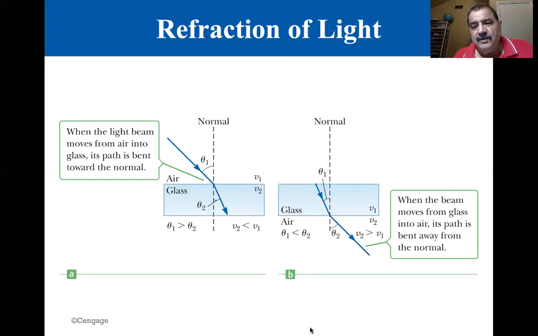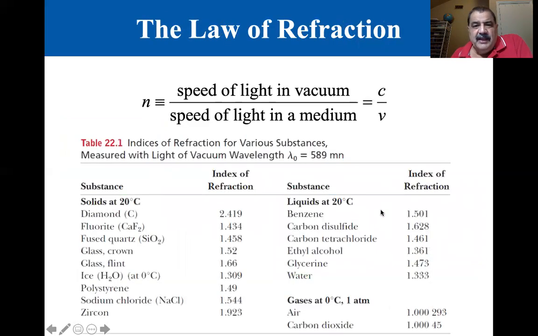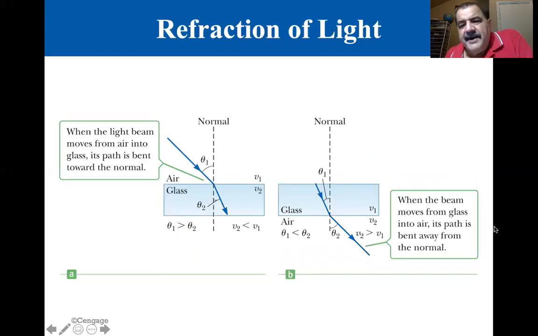It's not shown here, but theta 2 is going to be equal to theta 1. This right theta 2 is going to equal this left theta 1. Okay, and I think that might be it for this. We'll go on with the law of refraction in the next section.